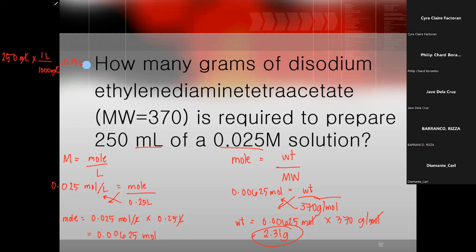It's 2.31. Where did the 9.25 come from? What happened there? You multiplied directly? What did you multiply? That is only the mole. Grams per mole. You cannot cancel the unit there if you multiply directly.